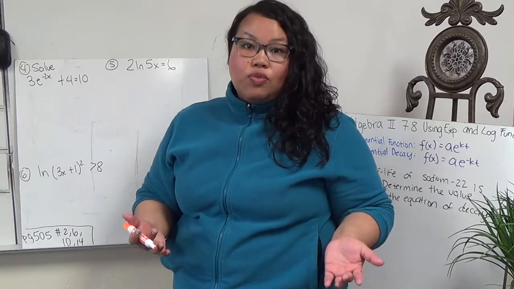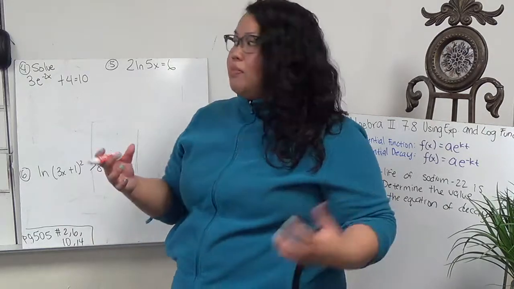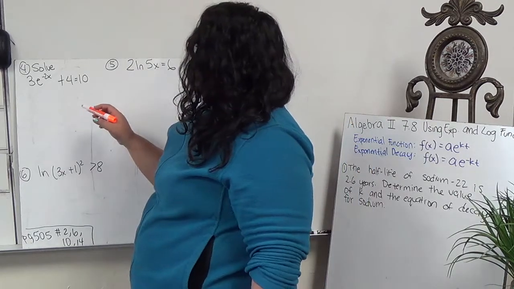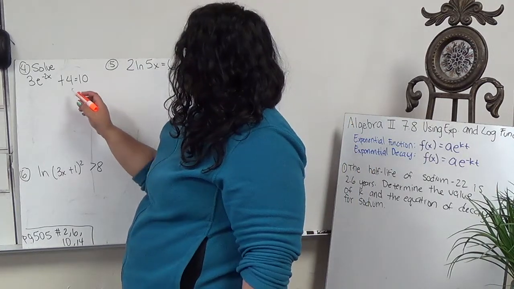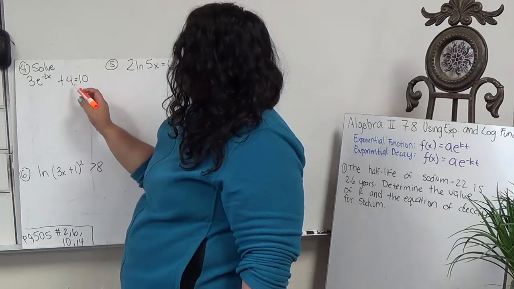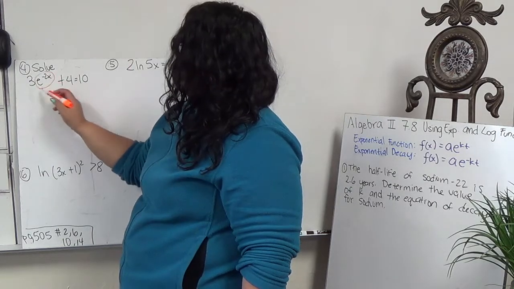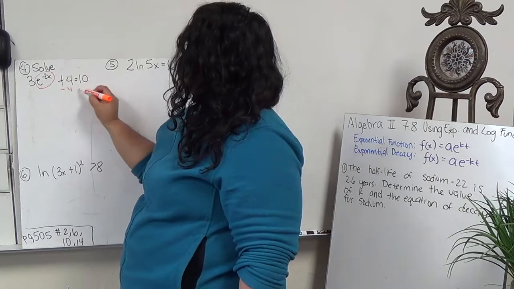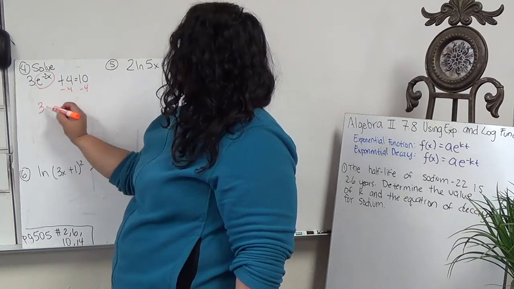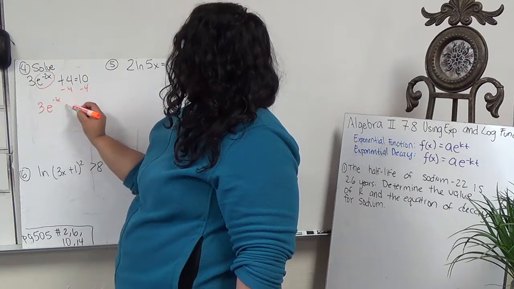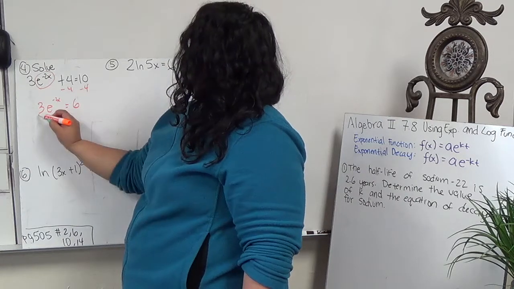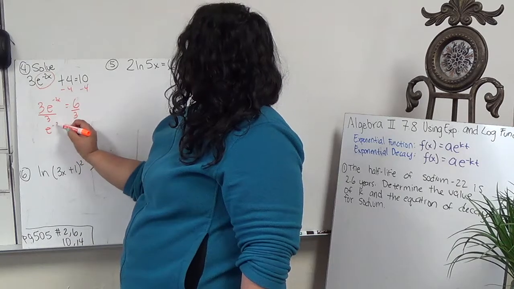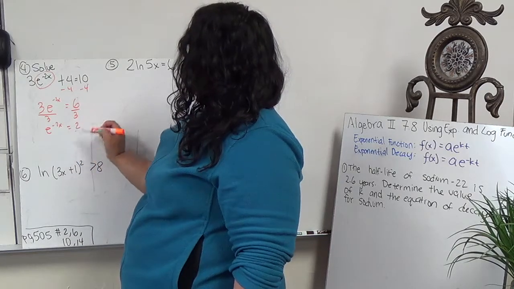So that becomes useful when we want to separate e from everything else. I'm going to isolate this because there's nothing I can do until I isolate this. So I'm going to go ahead and do minus 4 on both sides. I end up with 3 e to the negative 2x equals 6. Then I'm going to divide by 3, which gives me e to the negative 2x equals 2.